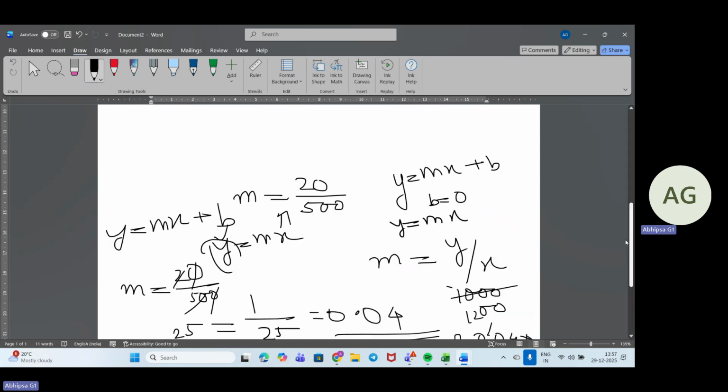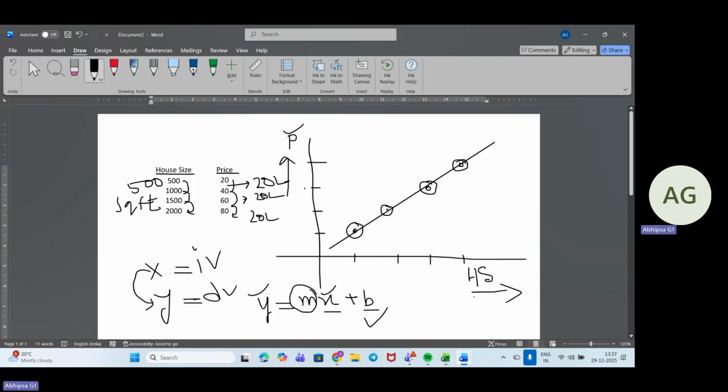Now, if we go up here, you can see we have got the value of 40 for 1000 square feet, and for 1500 we have got the value of 60. So only if the value of b is 0, for 1200 square feet we are getting 48 lakhs.